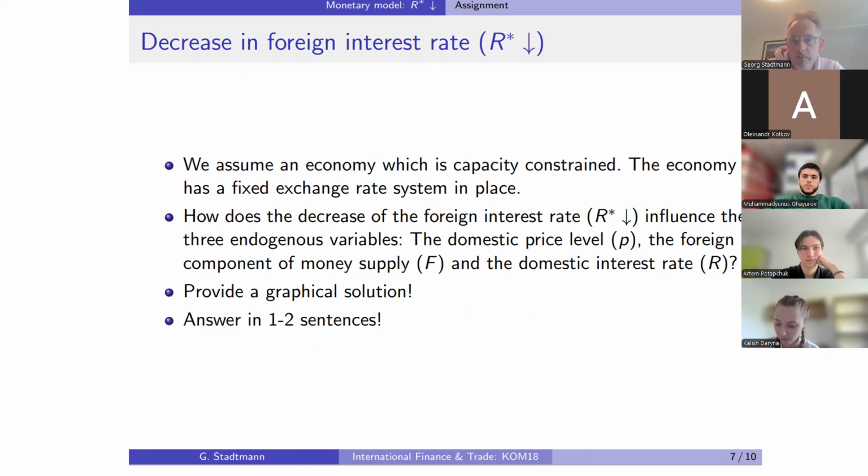The economy has a fixed exchange rate system in place. How does the decrease of the foreign interest rate, R star decreases, influence the three endogenous variables? Domestic price level, foreign component of money supply, domestic interest rate R. Provide a graphical solution, answer in 1 to 2 sentences.